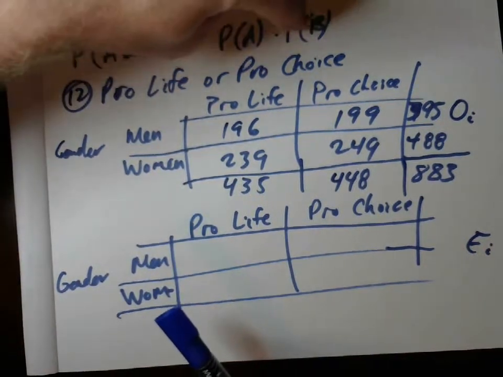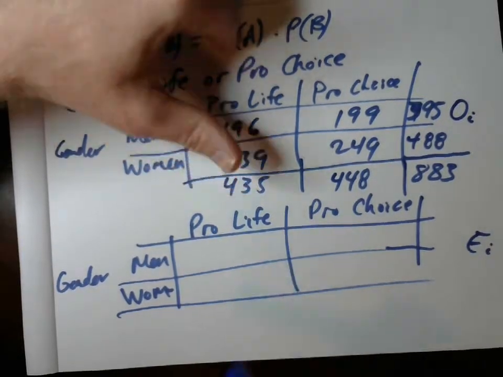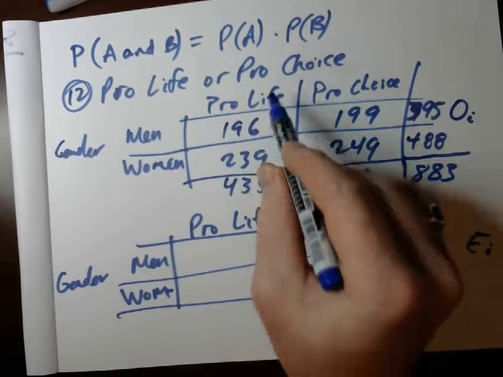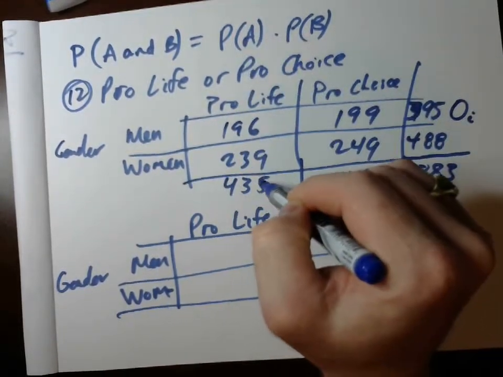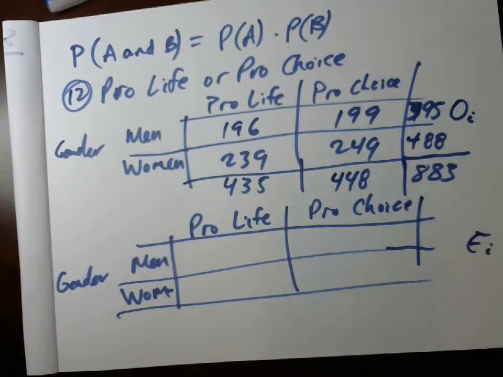We should be able to use this equation of taking the product. The probability that you have a pro-life person is 435 over 883.